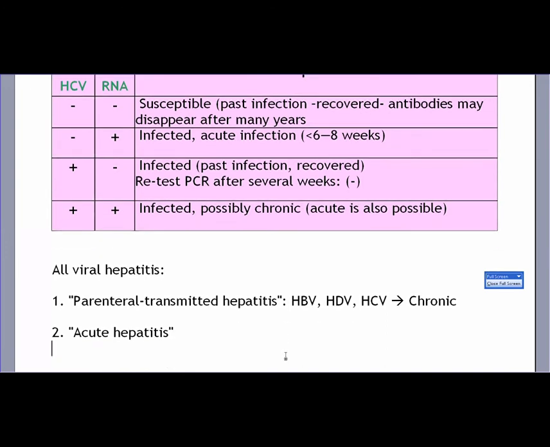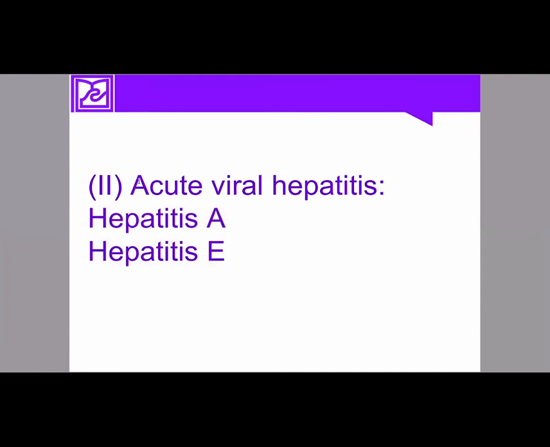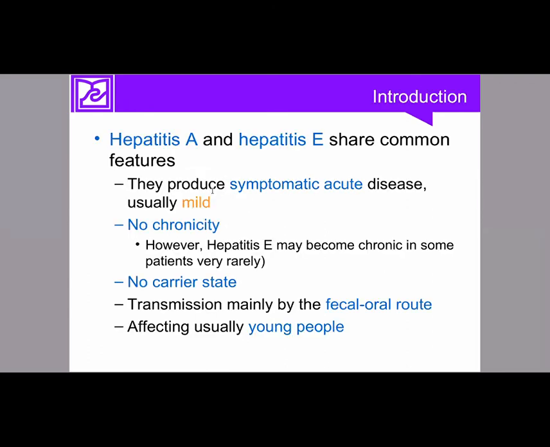And the other group are acute hepatitis: hepatitis A virus and hepatitis E virus. We study them separately because they do not become chronic. That's why we study hepatitis A and E together here. They cause acute hepatitis, but not chronic hepatitis, with one exception that I will tell you later.